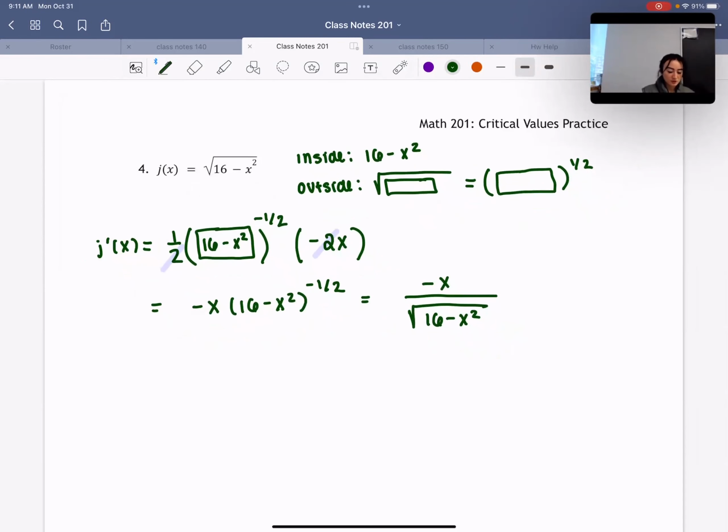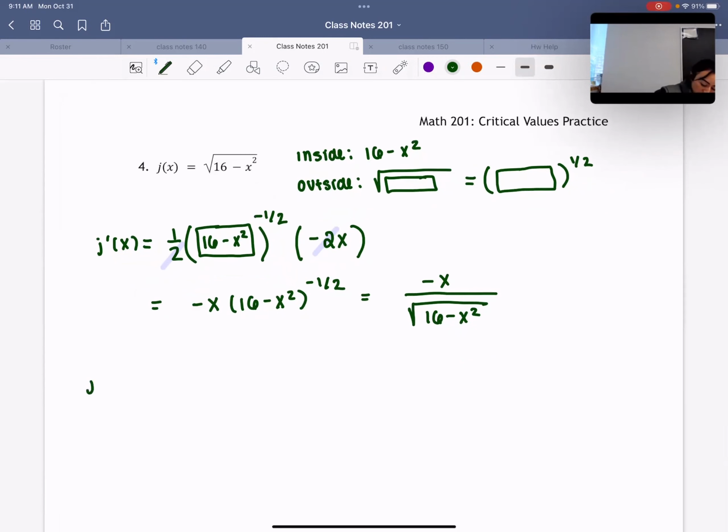So we found the derivative. To find critical values, the first thing we want to do is figure out where the derivative equals 0. You can set the entire function equal to 0 and solve for x, but what's an easier way?